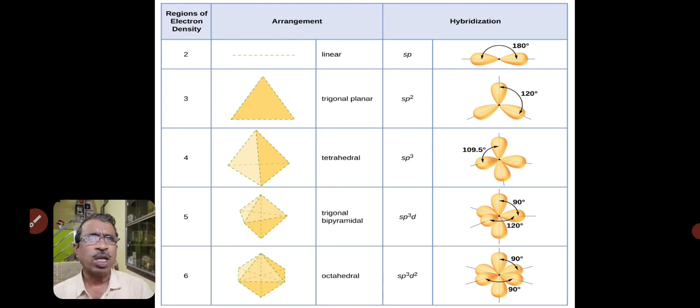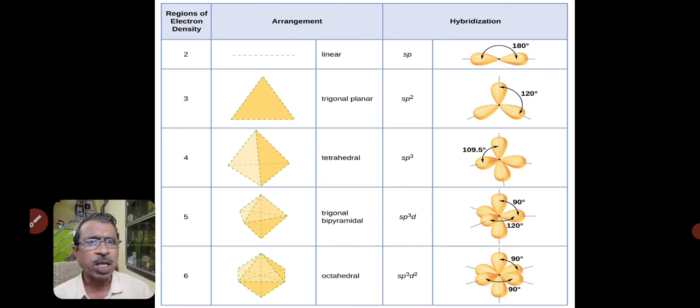This slide shows the geometries of various hybridizations. sp gives linear geometry with a bond angle of 180 degrees. sp2 gives a triangular geometry with a bond angle of 120 degrees. sp3 gives tetrahedral geometry with a bond angle of 109 degrees 28 minutes. sp3d hybridization gives a trigonal bipyramidal geometry with bond angles of 120 degrees and 90 degrees.